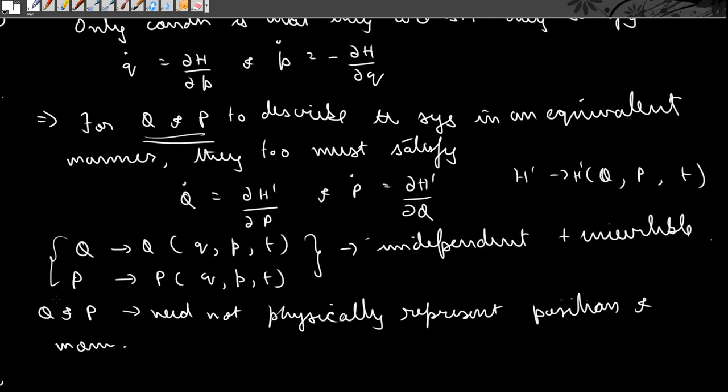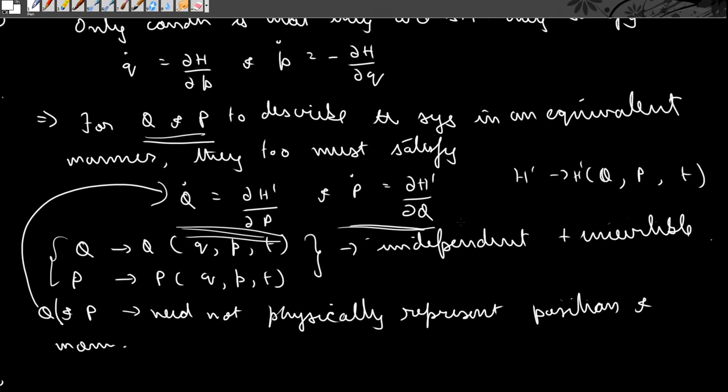We simply call them position and momentum in order to describe our Hamilton's equations in this manner, to distinguish between these sets of equations. Only for that we call them the generalized momentum and position, but other than that, mathematically speaking, they are just independent variables, q and p.